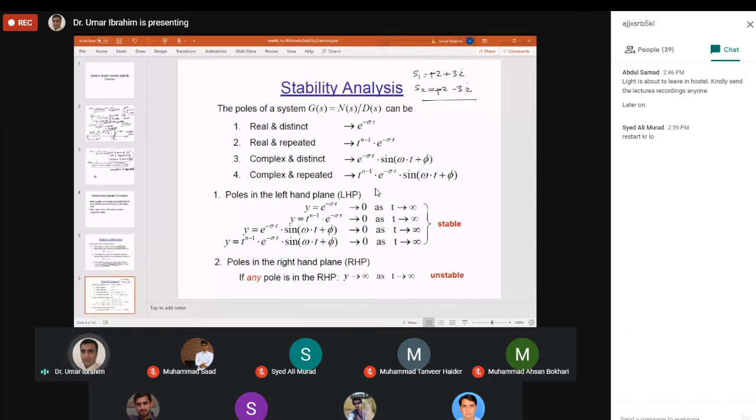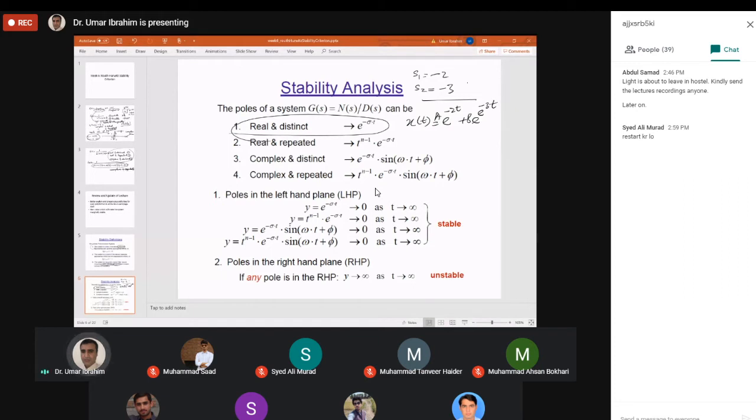If we have real and distinct roots, for example, S1 is equal to minus 2, S2 is equal to minus 3, then x of t will be equal to a e raised to the power minus 2t plus b e raised to the power minus 3t.